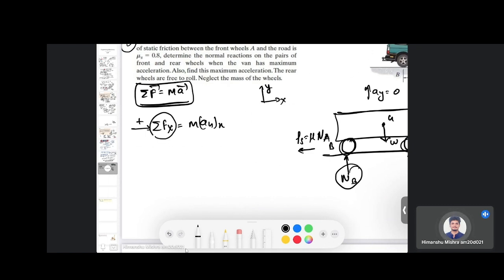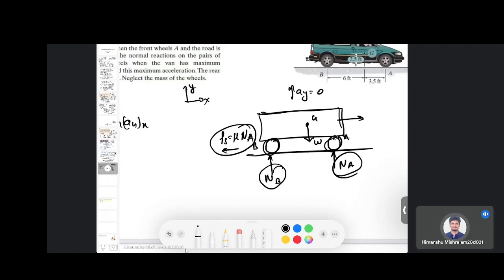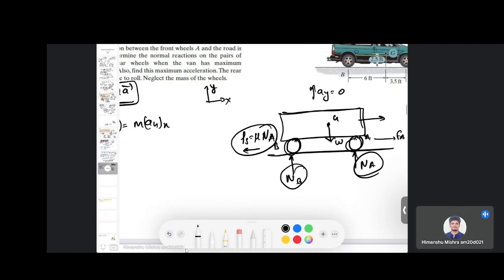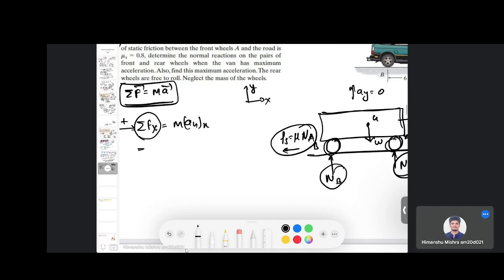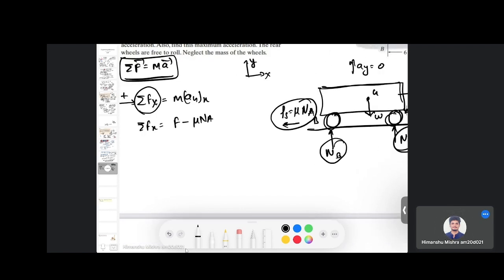Now the summation of horizontal force is due to the friction force as well as the force F here. So my summation of force equals F minus mu Na, so my F equals mu Na.